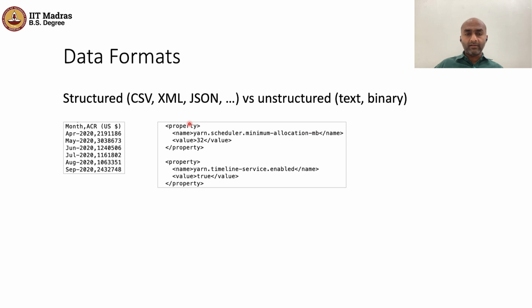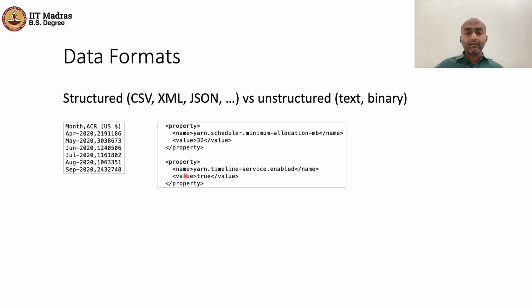Likewise, the same config file, the same data file written in XML, has other property elements. And here, the second property element again has a name element. The name element has the value yarn.timeline-service.enabled, and the value element here has the value true. So notice that the name element has a similar structure or format to the name element of the previous property, which means it's just a bunch of characters with some special characters included, like hyphen and dot.